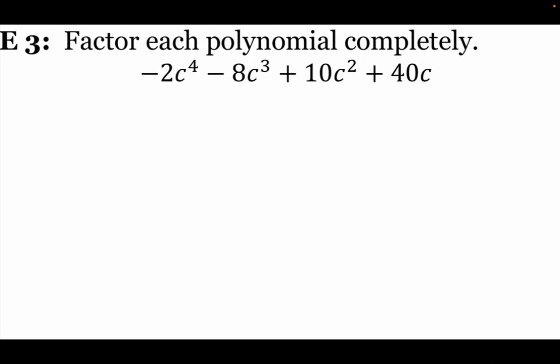Negative 2c, yeah. How come negative 2? Because I don't want a negative in front. I don't like negatives in front, okay? Unless it's a GCF. GCFs are okay to be negative, but everything else in front we don't want. So we're going to divide all 4 by negative 2c. First thing we do.